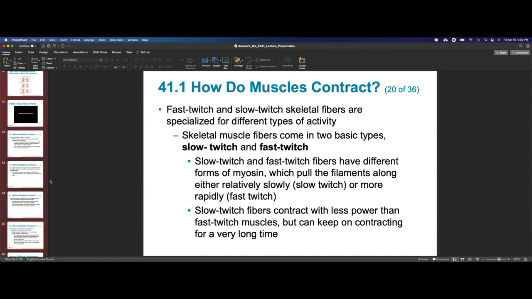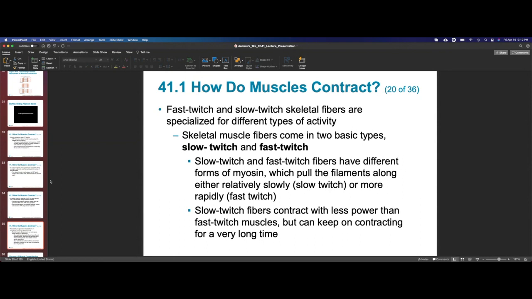All right, so are there different kinds of muscle fibers that get engaged in high intensity short exercise versus the slower, lower intensity demands? The answer is yes, essentially. Skeletal muscle fibers actually come in two different types, the slow twitch and the fast twitch.